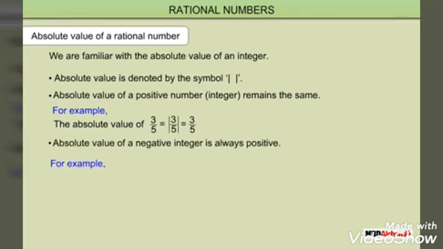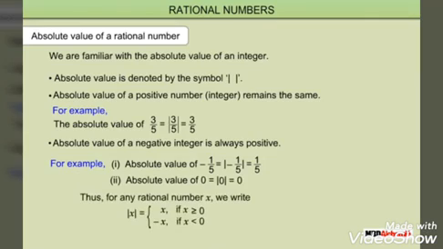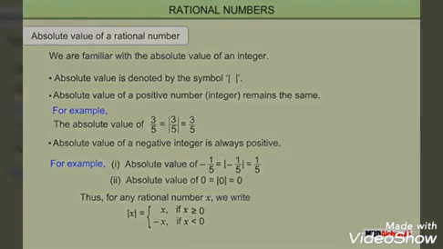For example, the absolute value of minus 1 upon 5 is equal to 1 upon 5. Absolute value of 0 is 0 itself. Thus, for any rational number x, we write modulus of x is equal to x if x is greater than or equal to 0, and negative of x if x is strictly less than 0.